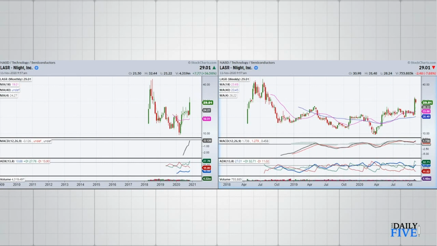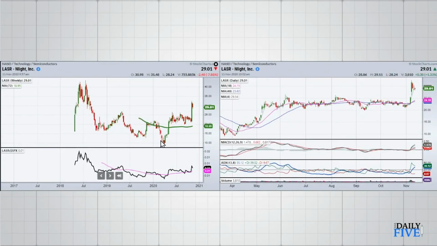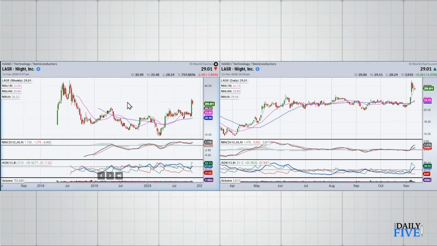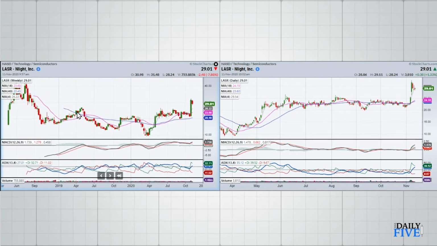In fact, I want to switch this to a weekly and daily just to give you a little bit better idea here. So if we notice, you've got this long sideways basing pattern, a cupping pattern that has developed on the weekly chart. It's been somewhat of a volatile consolidation.